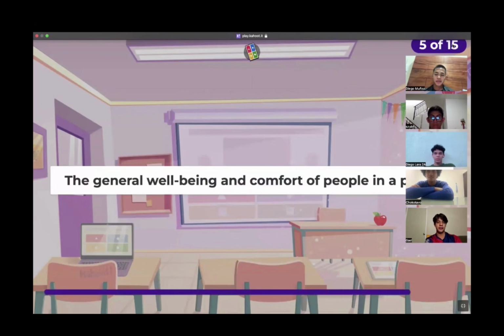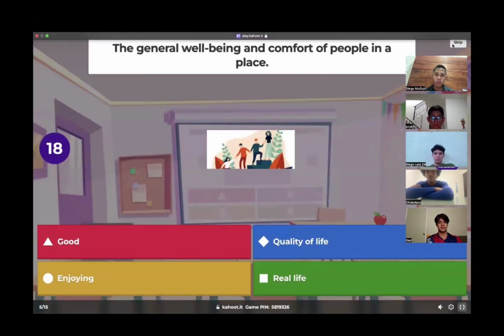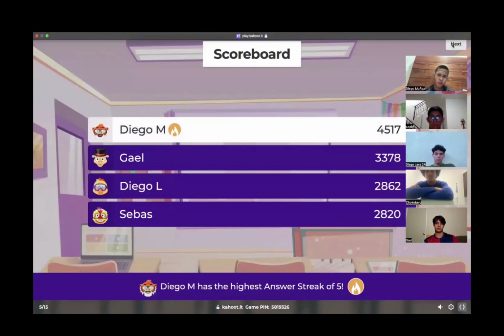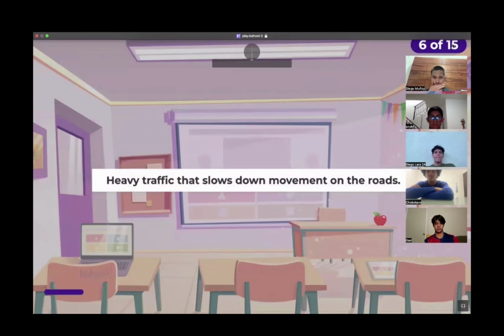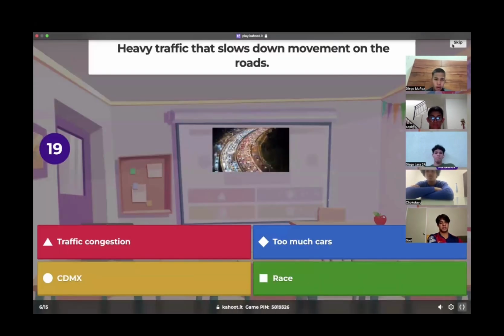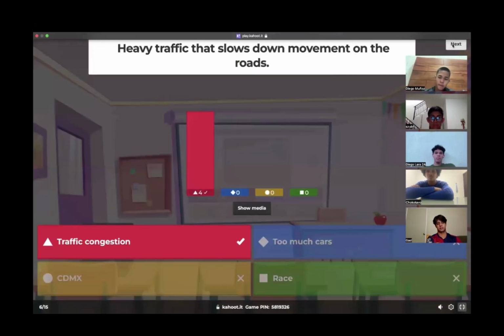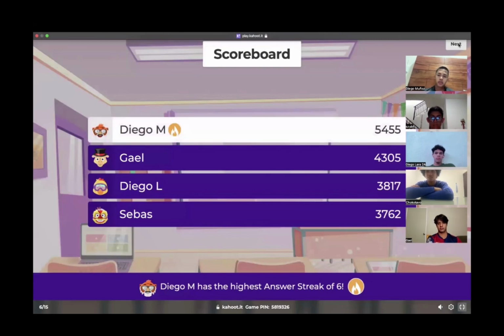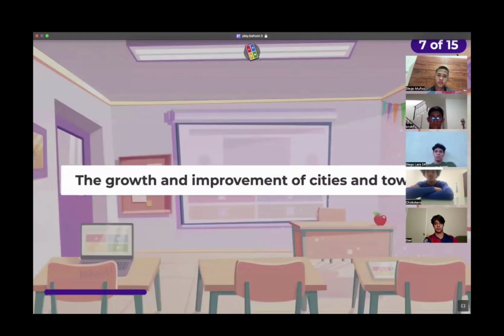The general well-being and comfort of people in a place. Heavy traffic that slows down movement on the roads. The growth and improvement of cities and towns.